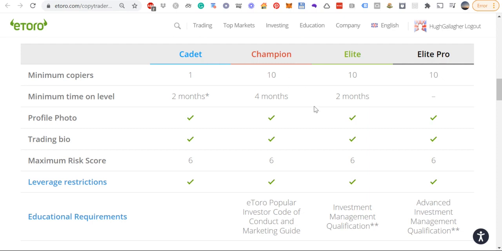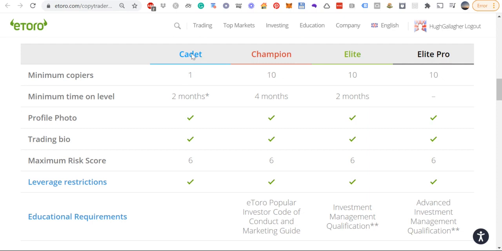And then the champion investors may not have the investment management qualification, but they may be working in the industry, for example. In the educational requirements for the eToro Popular Investor Code and Conduct and Marketing Guide, they've been at this level for 4 months, with a minimum of 10 copiers.